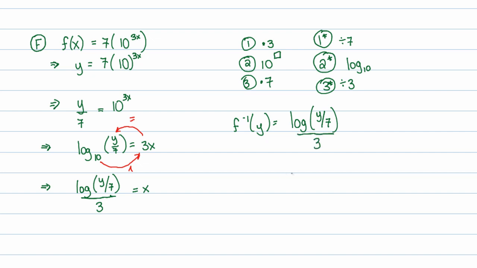Not bad. And you can check that this is a function just by plugging in values for y. Just remember one thing: inside a logarithm, you can only have positive values. So y has to be positive here. It's forced to be positive because you can't take a logarithm of a negative number.